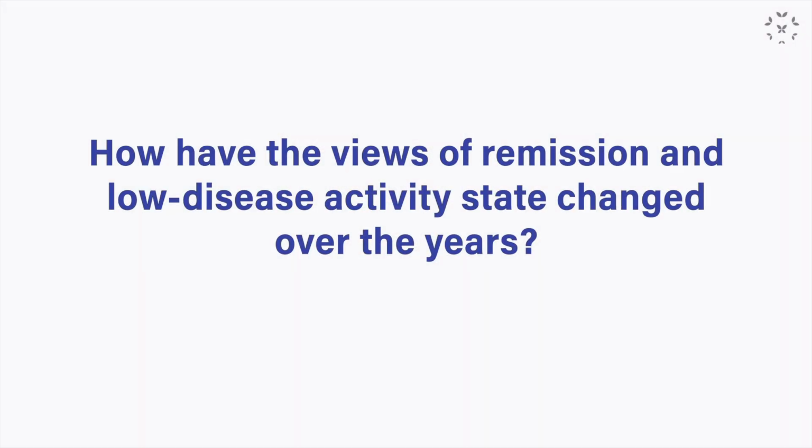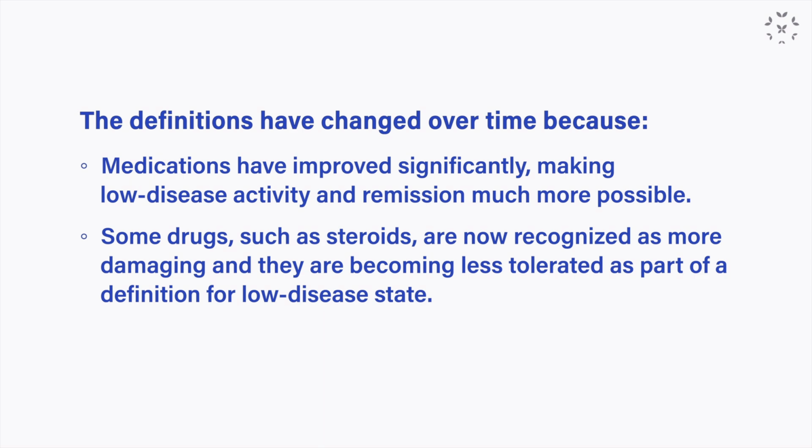Now, it's interesting that the definitions of low disease activity and remission are changing over time, and there are multiple reasons for that. Number one, we're having much better therapies coming out regularly. In the past 5 years, we've had more FDA-approved indications for the treatment of lupus than we've ever had.